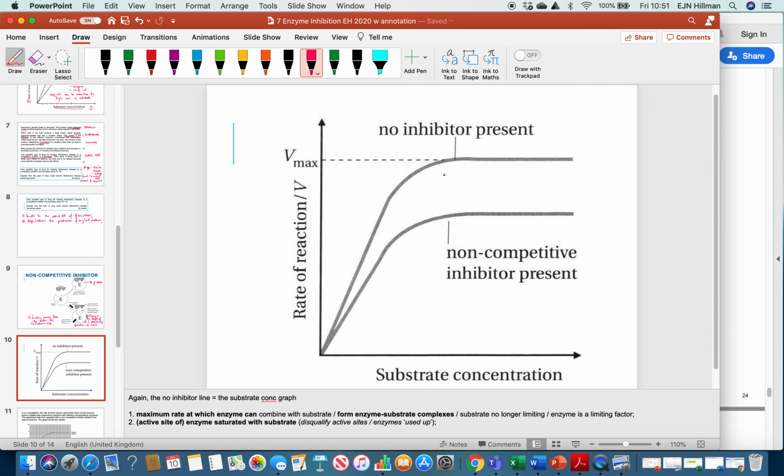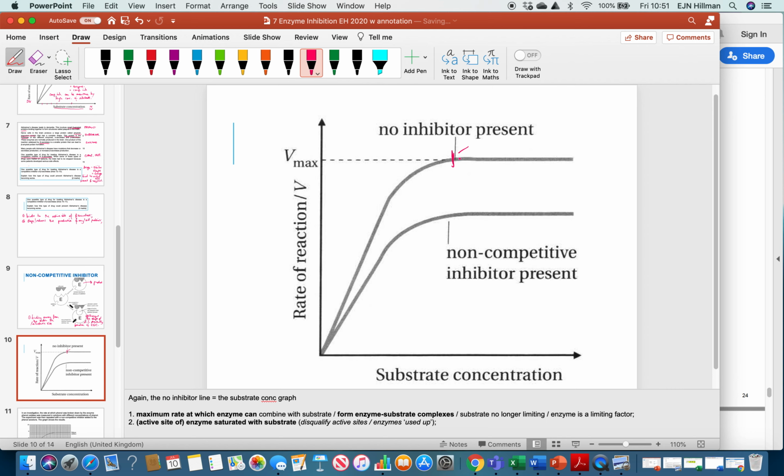Just as we mentioned earlier on, at this point the Vmax, that is when all of the active sites are occupied, they're saturated, and therefore it's the maximum rate at which an enzyme can combine with a substrate, or the maximum rate at which the enzyme can form enzyme-substrate complexes. And that's happening at this Vmax.